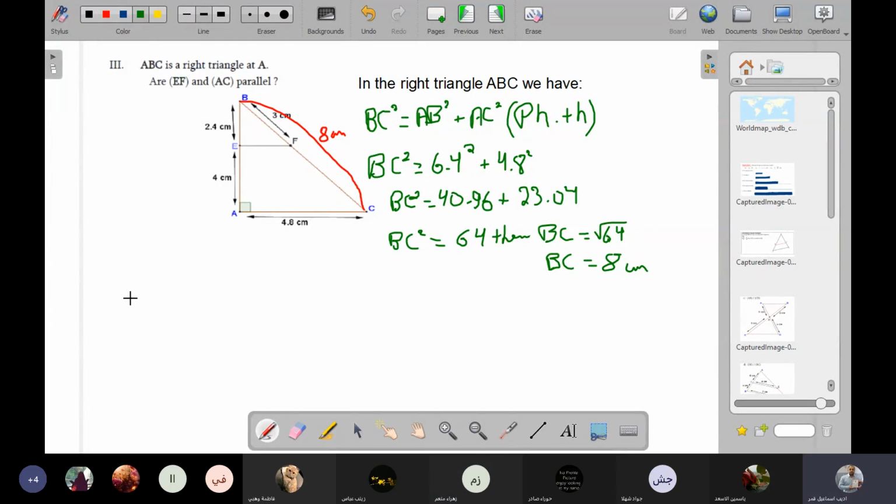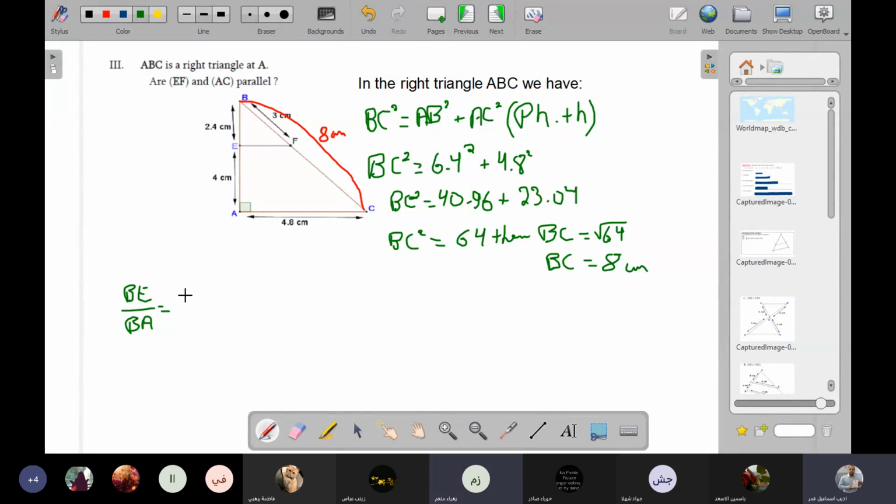So BE over BA, and we calculate it. Before saying that it's equal to BF over BC, we calculate first the ratio BE over BA.